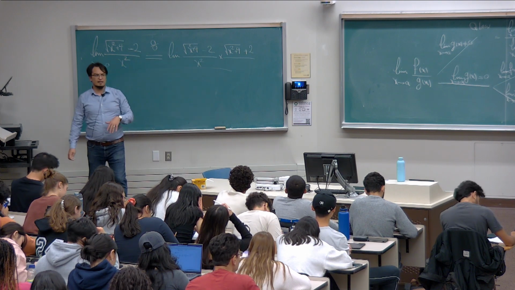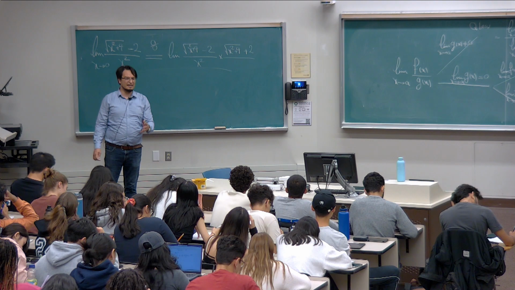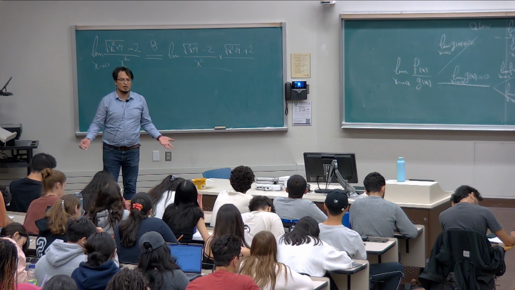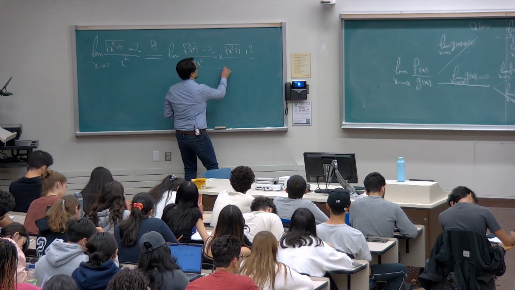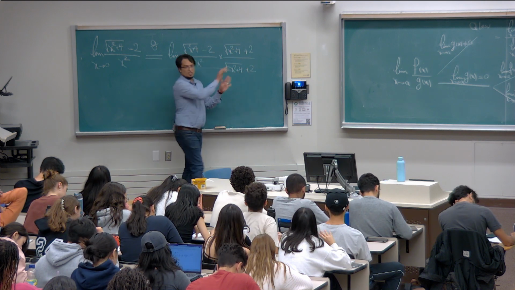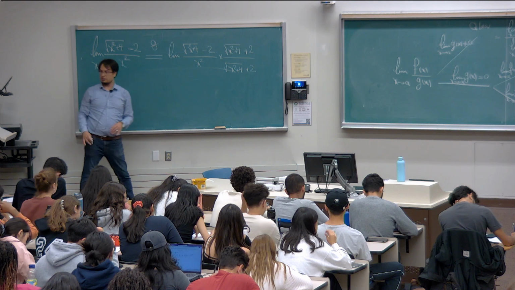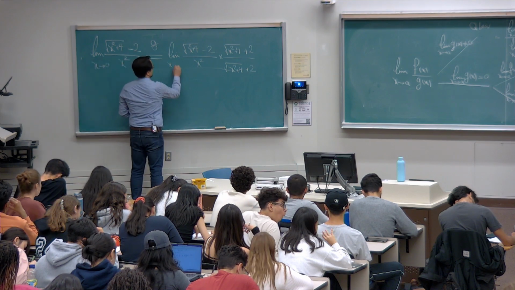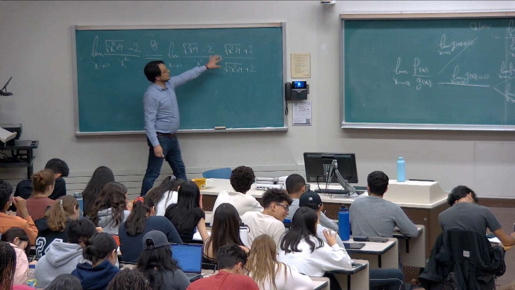Wait a minute, you multiply the numerator by an expression, so you changed our function? No, I will multiply the denominator by the same thing so that my function is not different. It's the same thing as x goes to 0. How is this going to work?